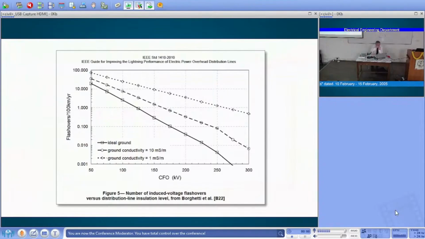This is expected for just a straight line. The number of events increases. This is due practically because there is an enhancement of the effect of the LEMP when it propagates on a terrain with a lower conductivity, lossy ground.